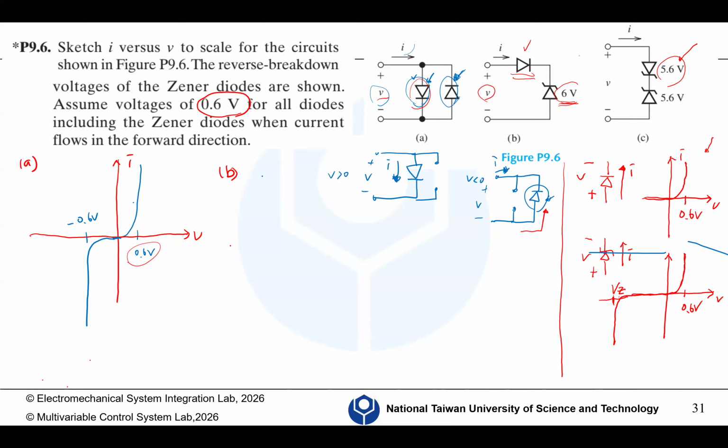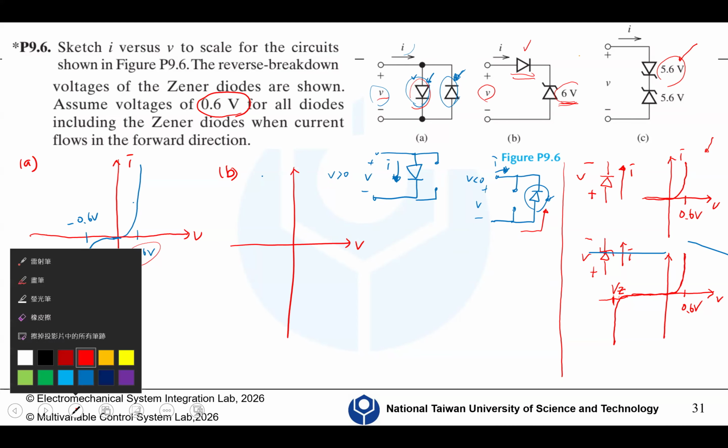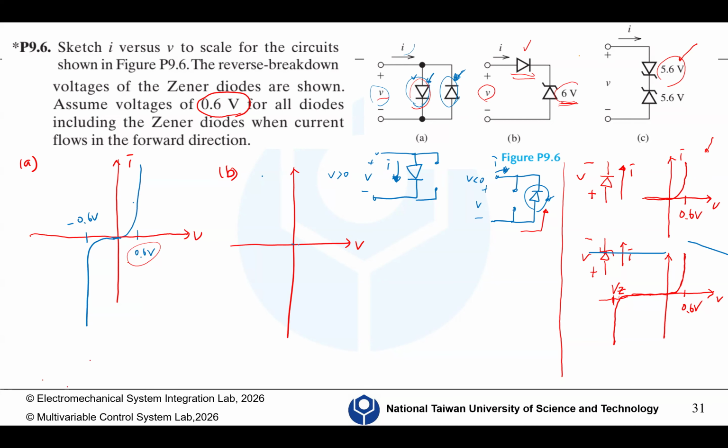So for B, the VI curve will be like this.